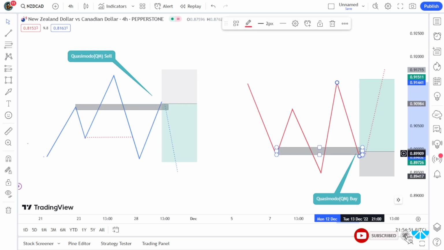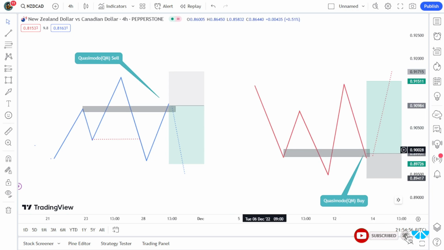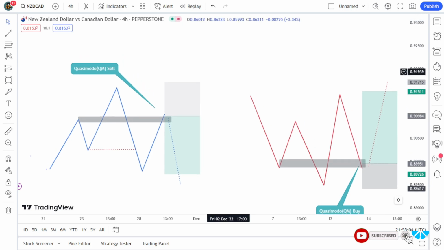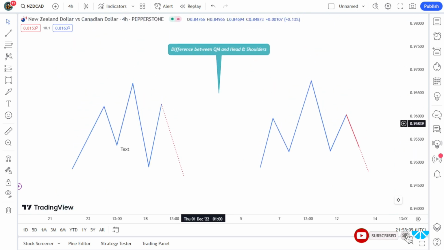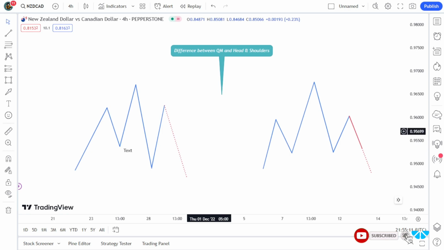It's really natural to lose in trading. Now, most beginner traders may confuse themselves while trying to trade the Quasimodo pattern, comparing it to head and shoulders. Let me show you a quick difference between the Quasimodo pattern and head and shoulders. One major difference is the symmetry.